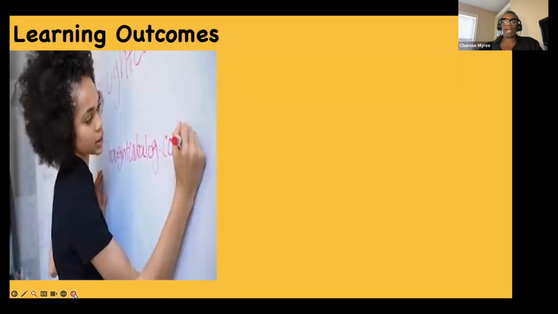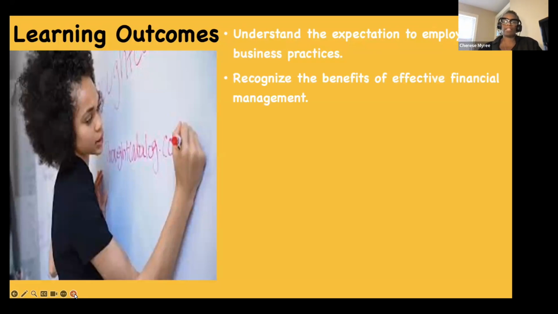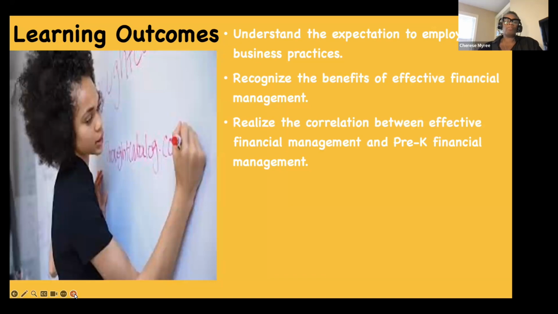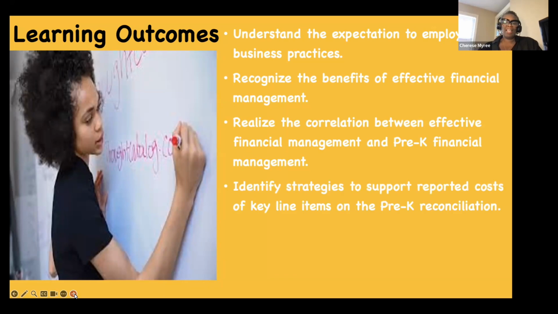Now, we have a few learning outcomes. At the end of this session, you should be able to understand the expectation to employ sound business practices. You'll be able to recognize the benefits of effective financial management. You'll realize the correlation between effective financial management and pre-K financial management.